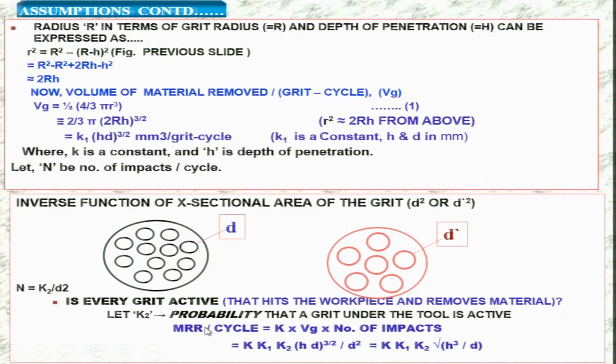So MRR per cycle becomes K, Vg into number of impacts. Now number of impacts that we are calculating. So you can see here K, K1, K2, (hd) raised to power 3 by 2 divided by d square. So if you simplify it, you get K, K1, K2 under the root h cube divided by d. So this is what you get, material removal rate per cycle.